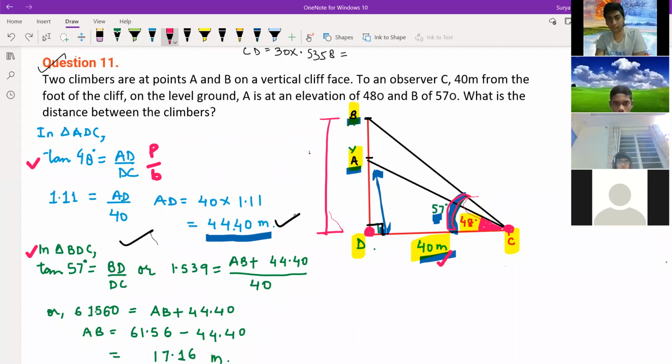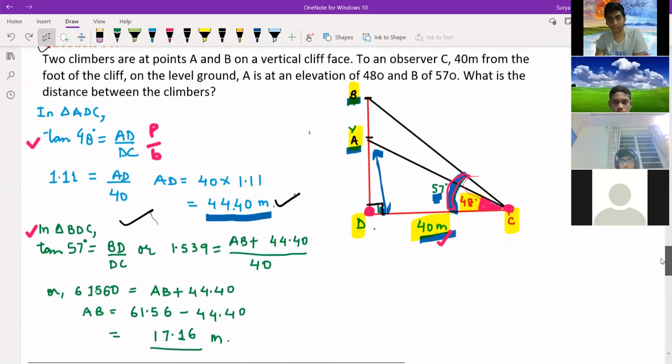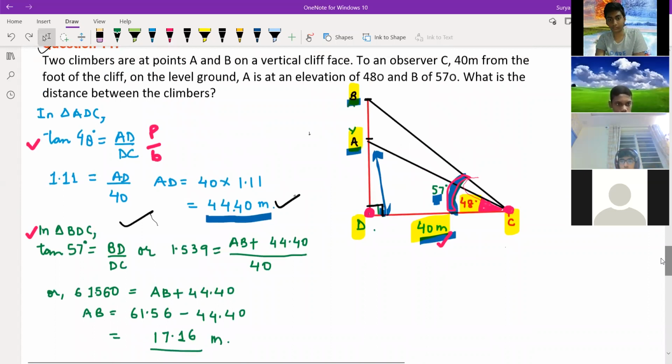Sir, without finding the first part. Yeah, without finding the first part, how to find this lower one? Okay, sir. So I have done H plus 40 into tan 48, 40 into tan 48 equals 40 into tan 57 into H. So I took H and 40 as common from both. So tan 57 minus tan 48 we are doing.